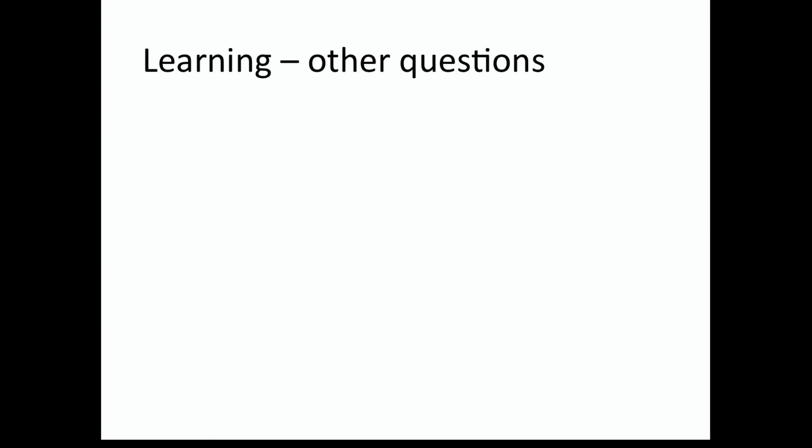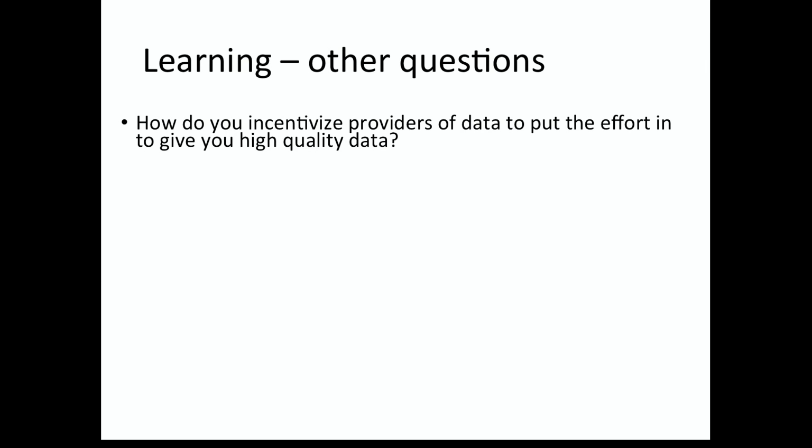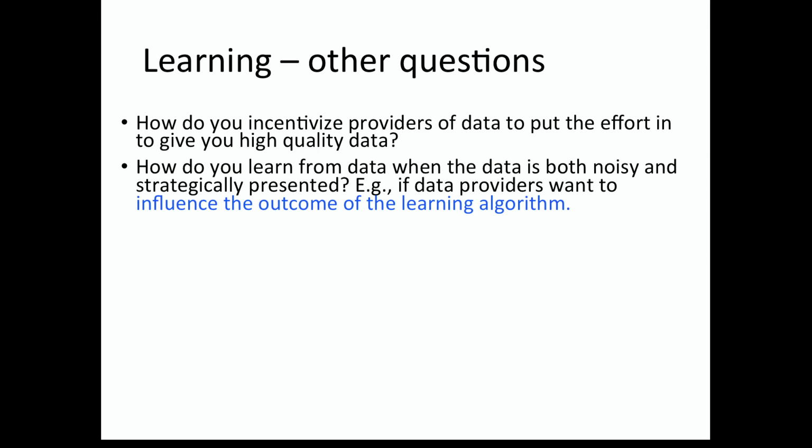So learning, there's many, many questions. If you think about data that's being provided to an actual learning algorithm, then how do you incentivize providers of data to put the effort in to give you high quality data? So this is like the crowdsourcing setting where you want to incentivize high quality work. Or how do you learn from data when the data is both noisy and strategically presented?